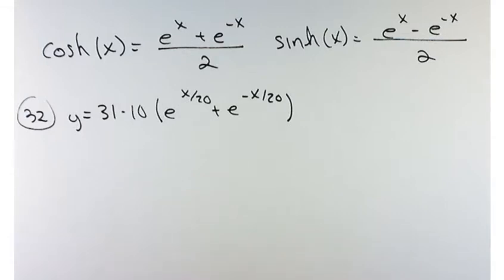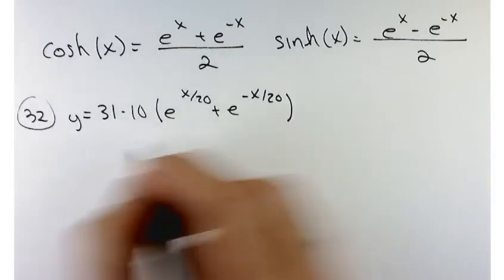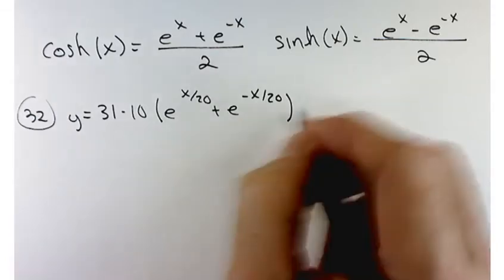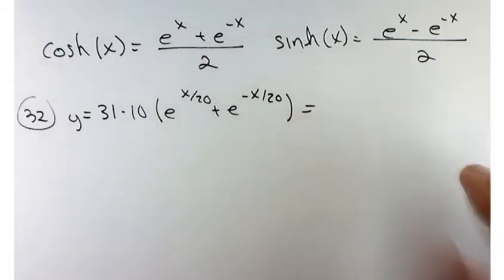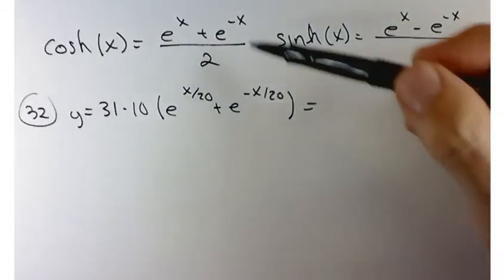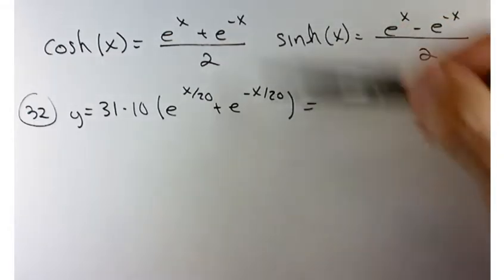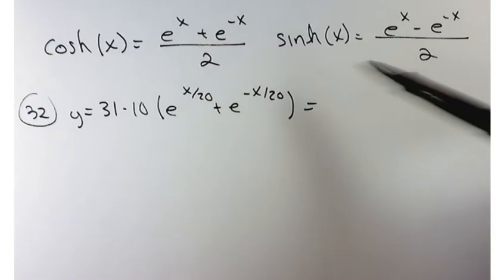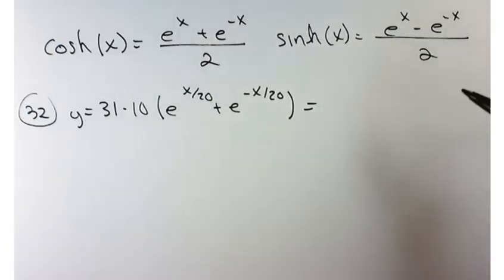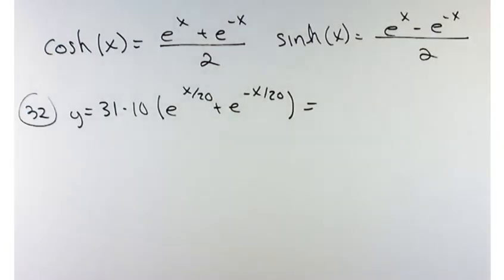Okay. Well, before I really get going in working with this, let me rewrite this. And my inspiration here comes a little bit from these formulas. Now, which one does this look closer to? A sinh or a cosh? Cosh. Looks closer to cosh.